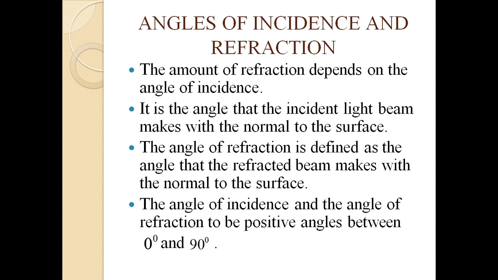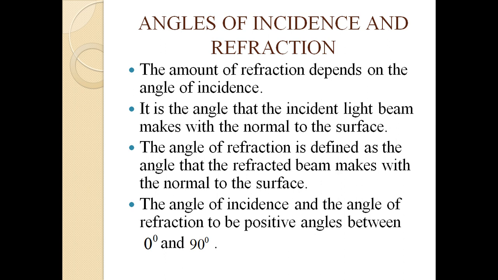To prove this condition, we can first check what the angle of incidence and the angle of refraction are. The amount of refraction depends on the angle of incidence. It is the angle that the incident light beam makes with the normal to the surface.